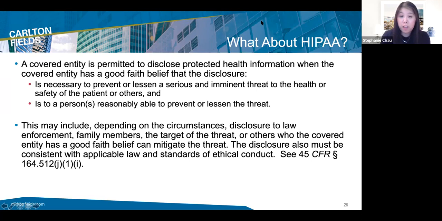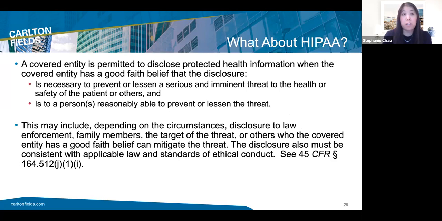that I mentioned. And even where danger is not, quote, imminent or a serious and imminent threat, HIPAA does permit a covered provider to communicate with a patient's family members, for example, or others involved in a patient's care to be on watch or to ensure compliance with medication, as long as the patient has been provided an opportunity to agree or object to the disclosure and no objection has been made.